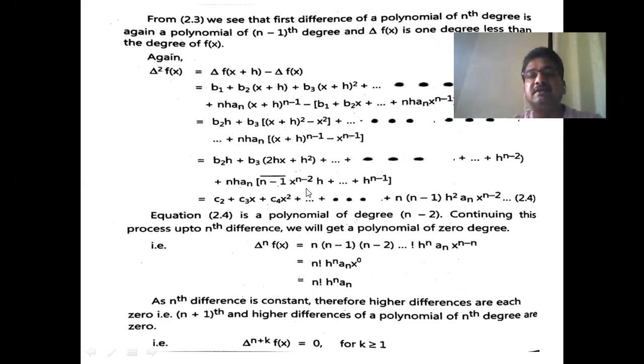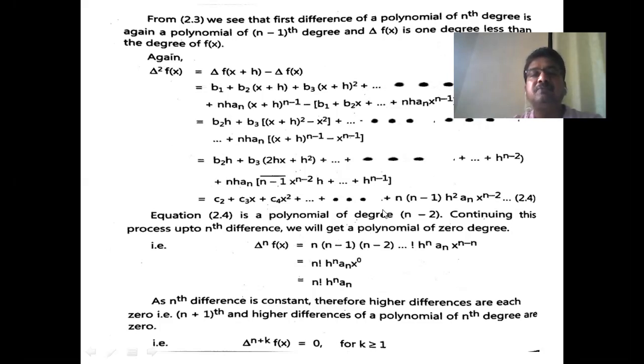And this is the single term, x raised to n minus 2. And what is its coefficient? n minus 1 into h square an. This is an, x raised to n minus 2. So after simplification, that is adding the similar terms, we have this. This c2, c3, c4, all are the constants.